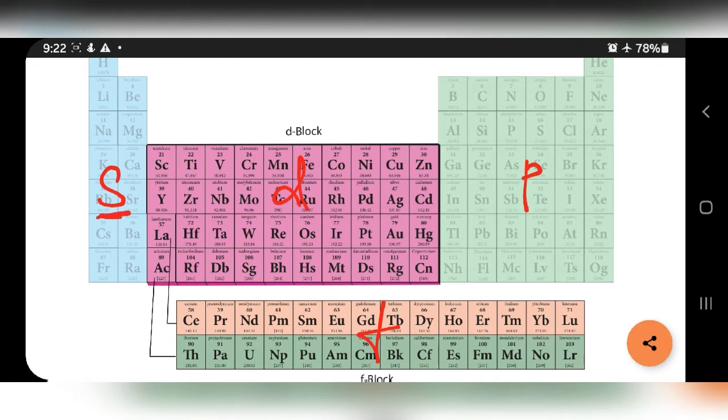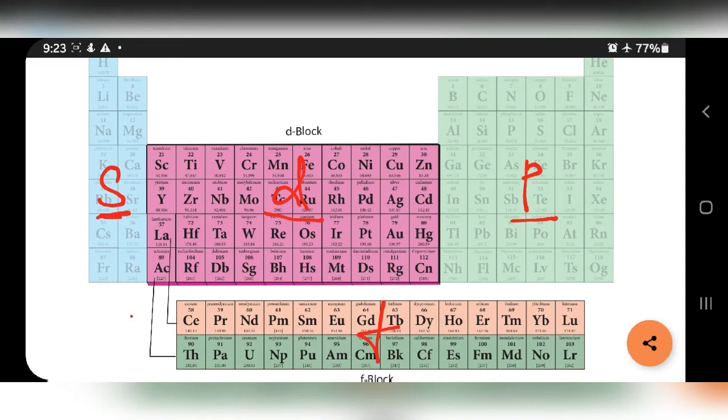If the last electron is filled in the P orbital while you are writing the electronic configuration, the element is placed in P block. If the last electron is filled in the D orbital, the element is placed in D block. Like that, if the last electron is filled in the F orbital, the element is placed in F block.